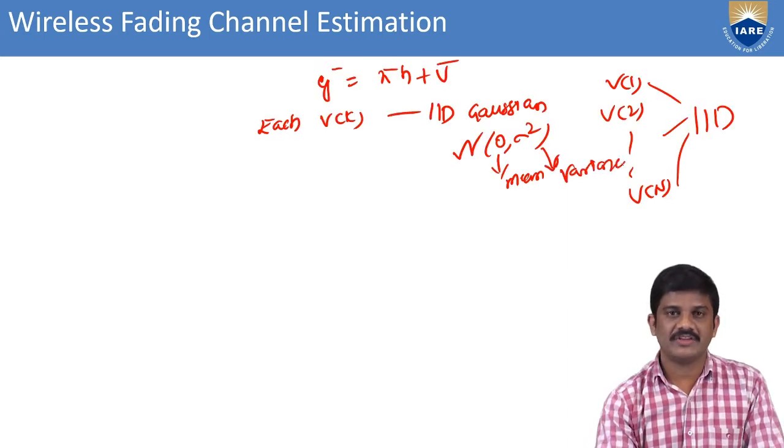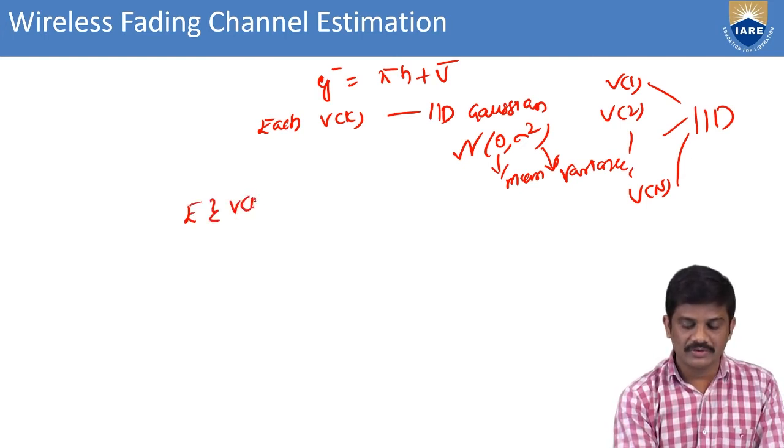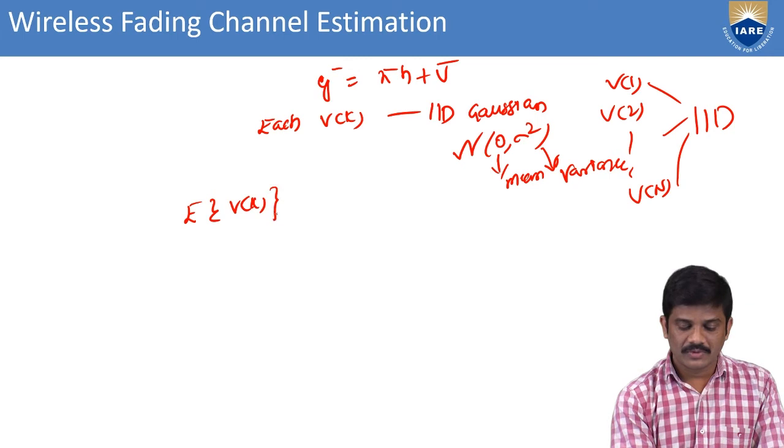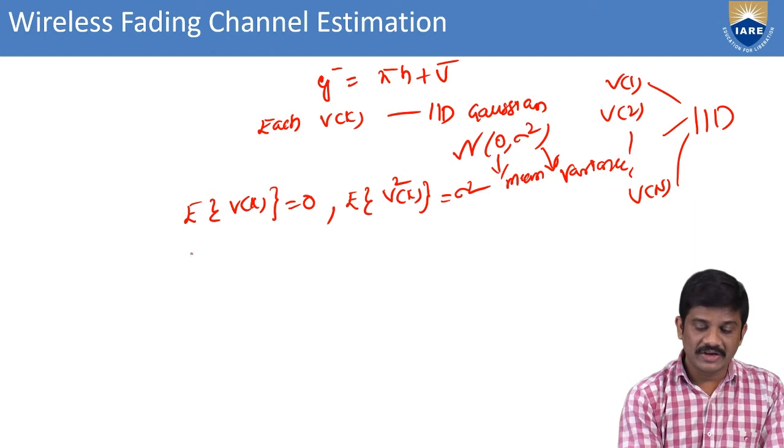That is for the noise. The expectation of v of k equal to 0, and the expectation of v square of k equals sigma square. We wrote it like this.